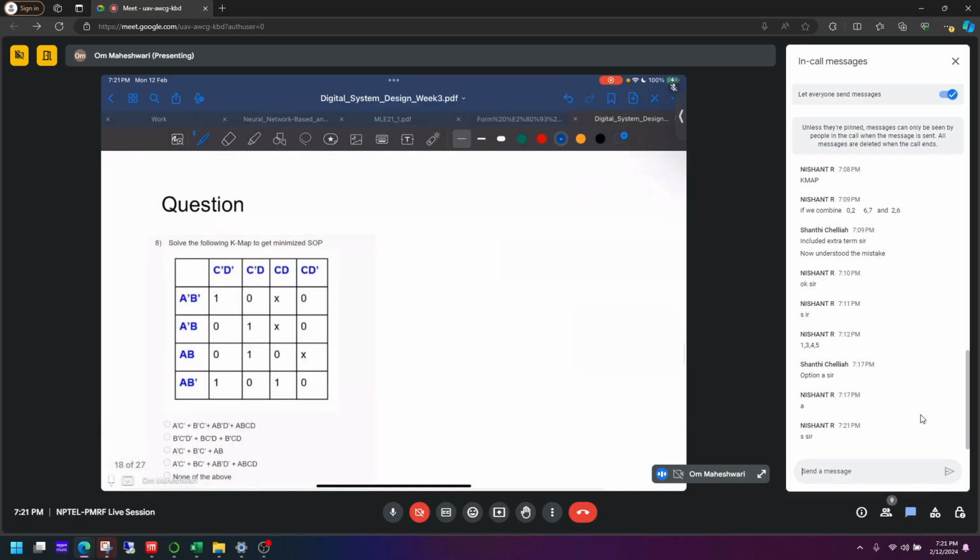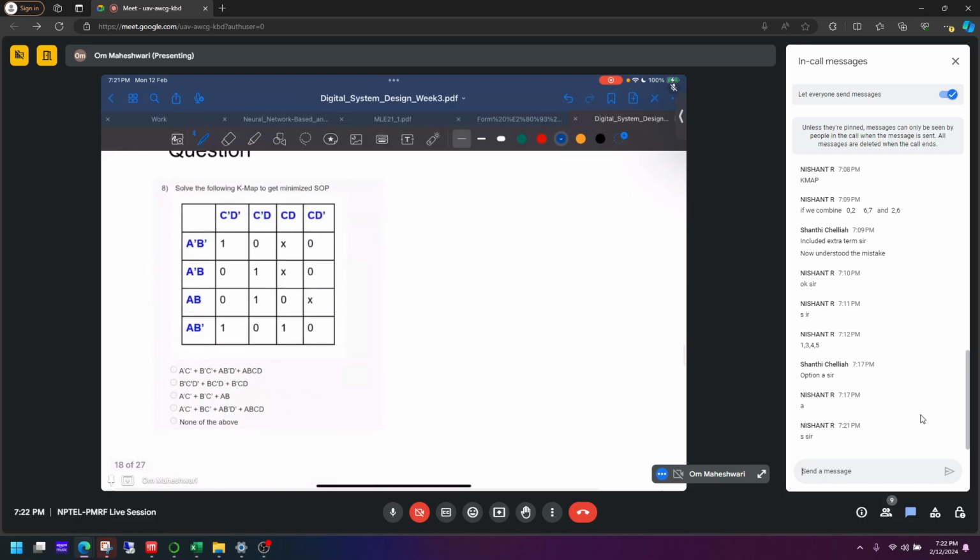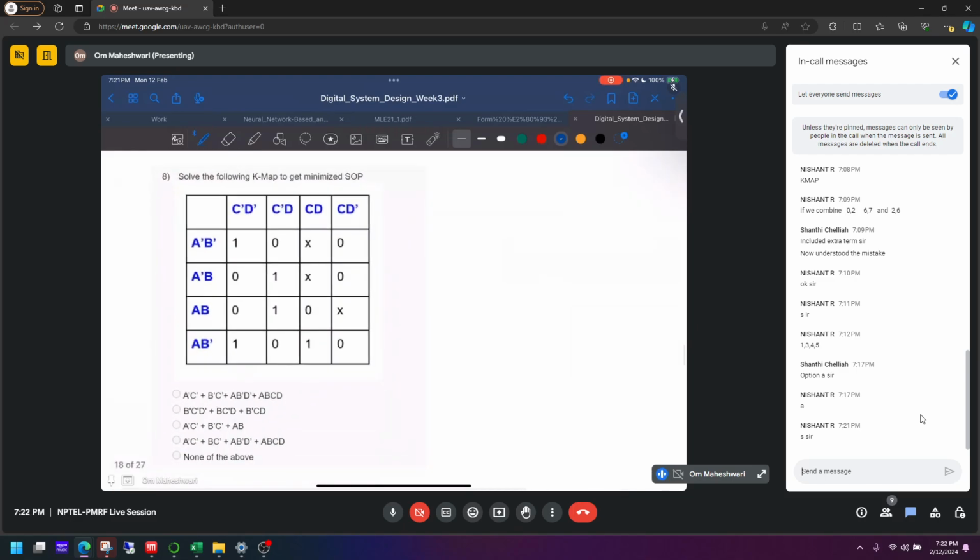So the next question is again on K-map. Now you see there is one more interesting thing here, which is this X. We have not seen this X before. We had only seen 0 or 1 in the K-map. So X is called a don't care condition. So what does this mean?